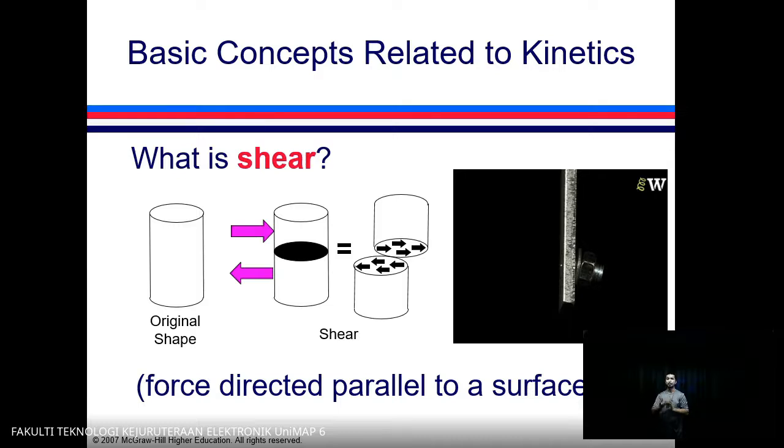Nampak dekat gambar tu. We have two surfaces, then one surface going down, then we will have shear force over there, and it also has shear area over there. Nampak? That is shear.